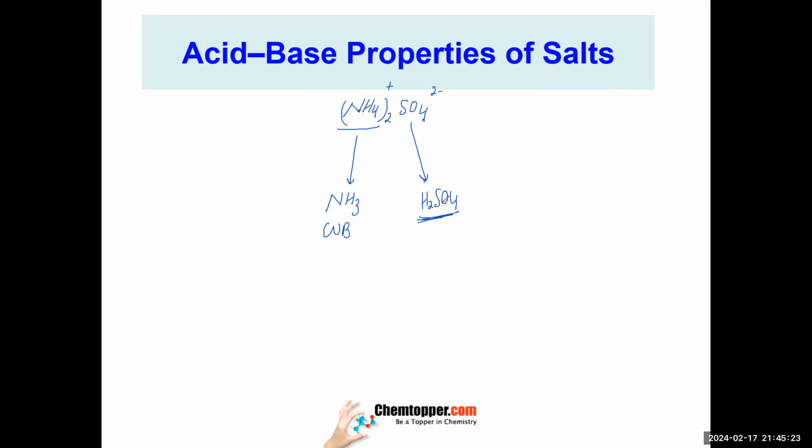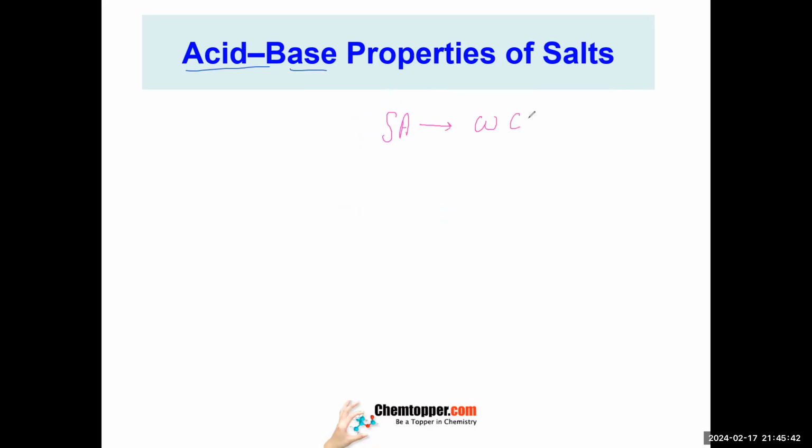Okay, now we have understood the meaning of the salts. Now I'm going to identify them as acidic and basic salts. Children, do you remember a strong acid will give you a weak conjugate base? You remember that? A weak acid will give you a strong conjugate base.